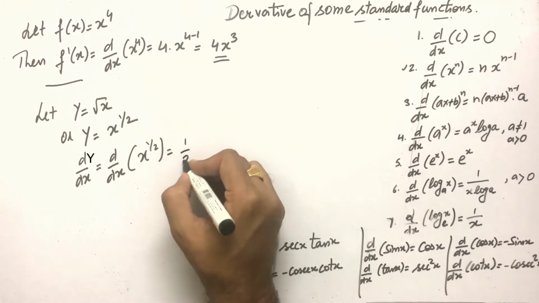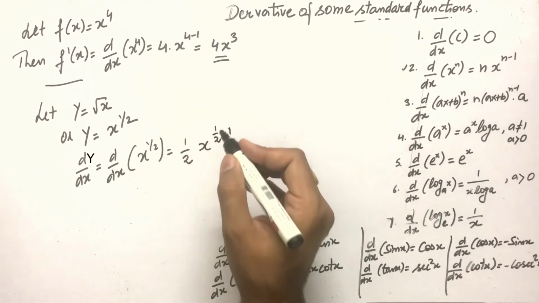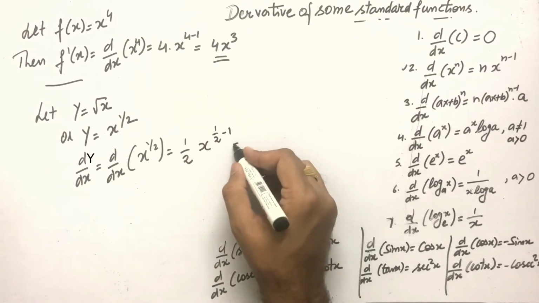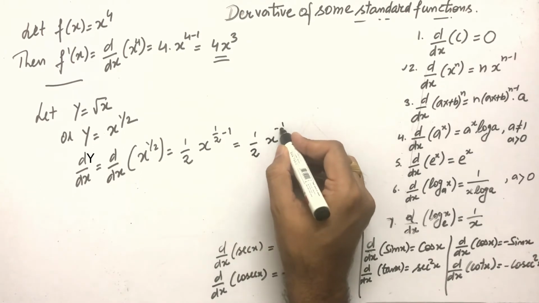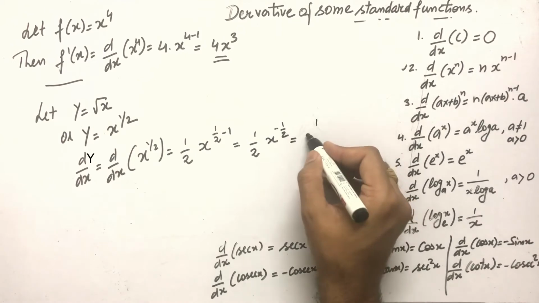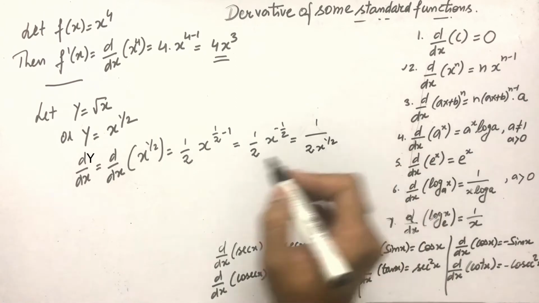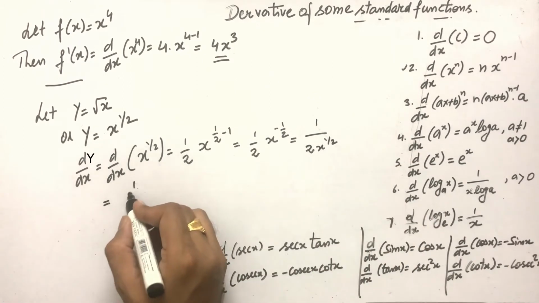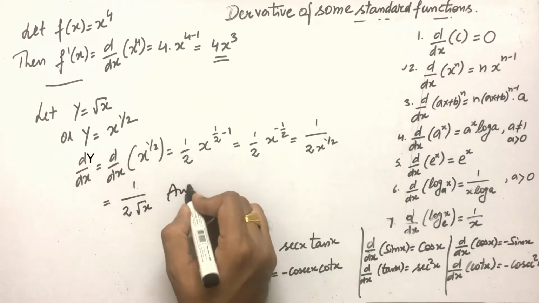And the answer is 1 by 2 x power 1 by 2 minus 1. That is 1 by 2 x power minus 1 by 2. And the answer is 1 upon 2 x power 1 by 2, which may further be written as 1 upon 2 root x. Answer.